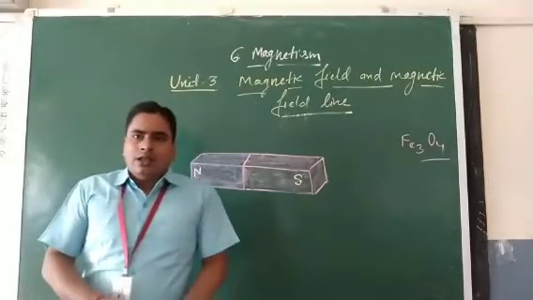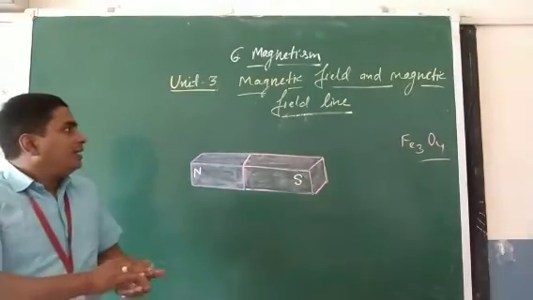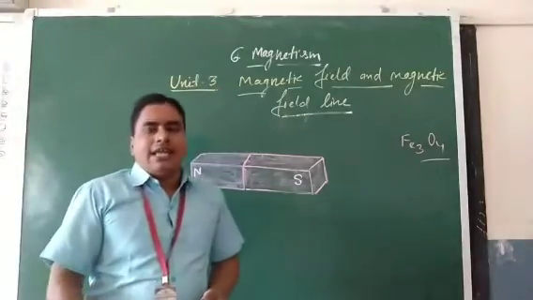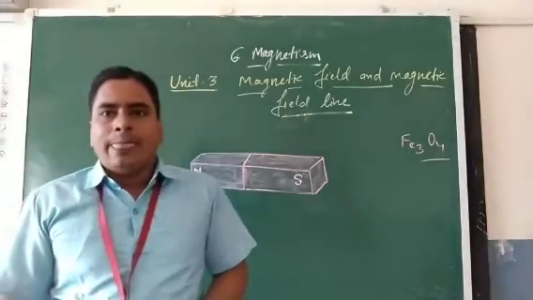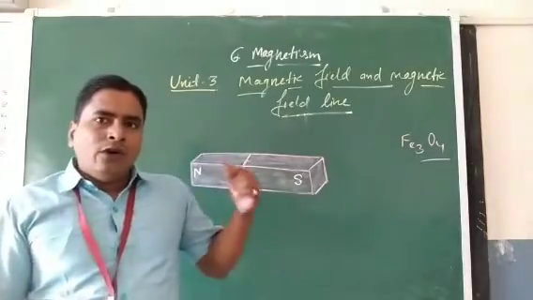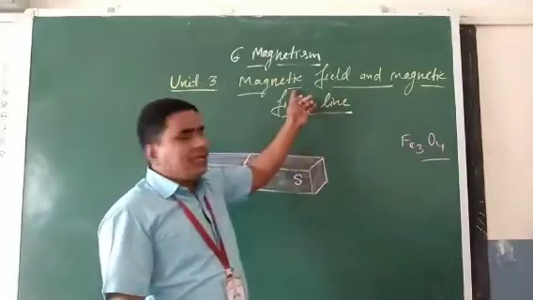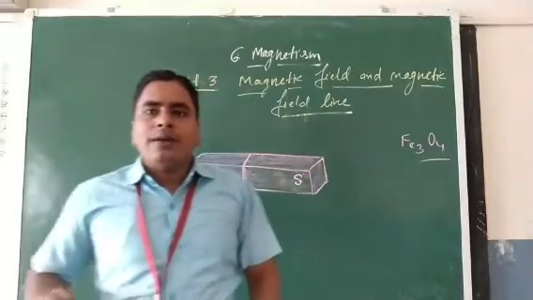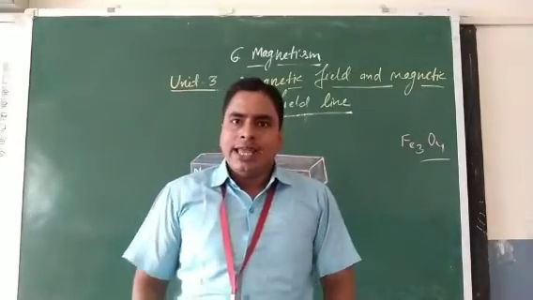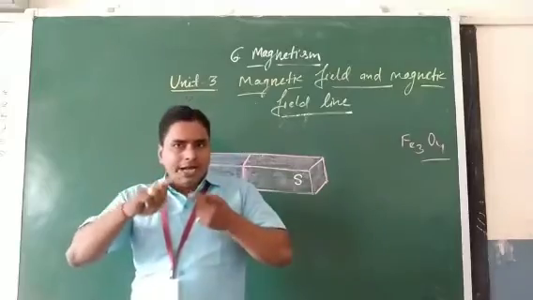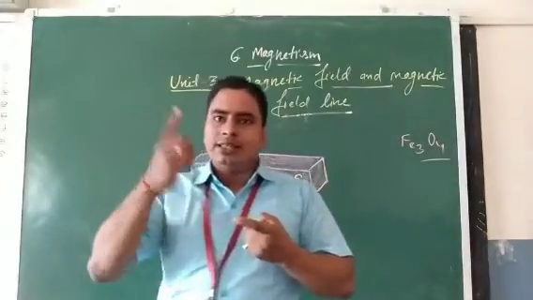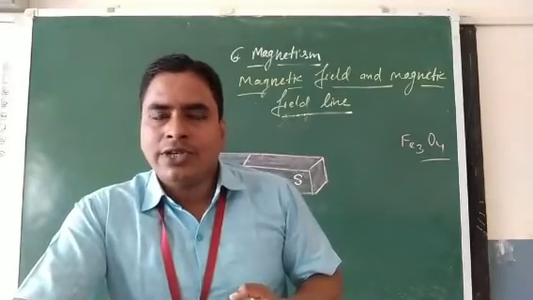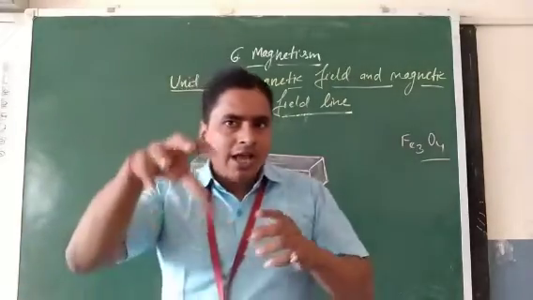Now today we discuss the magnetic field and magnetic field lines. Before discussing these points, we will discuss the magnetic force. You know force, any push or pull. Already we have discussed this in the third chapter, force.